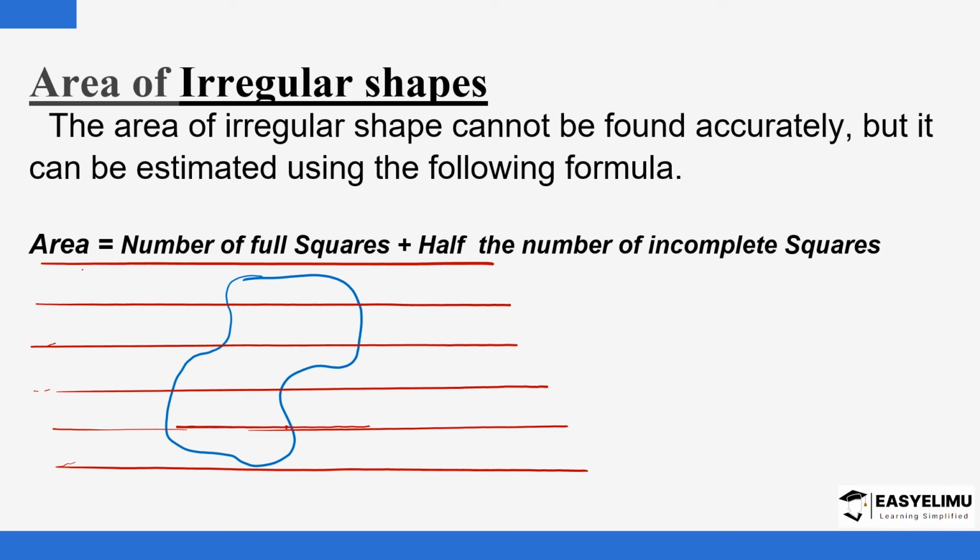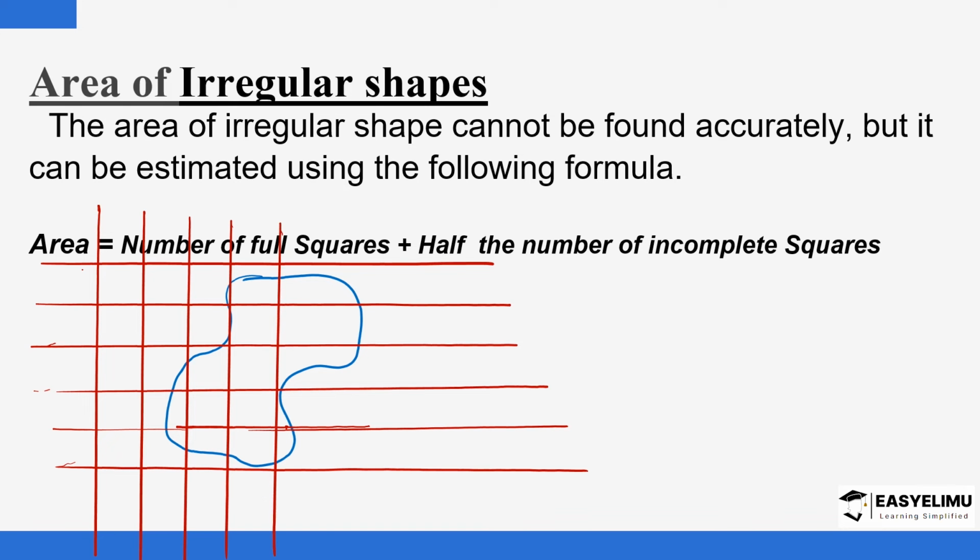Then you do the same thing on this other side. The length or the width of these bars must be 1 centimeter each.